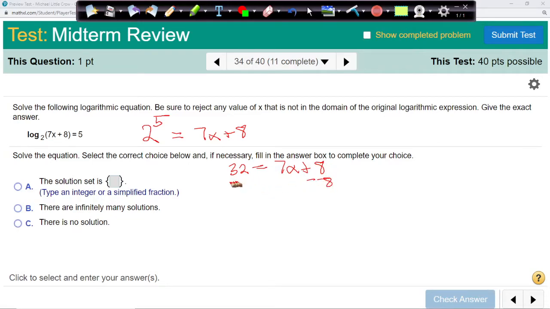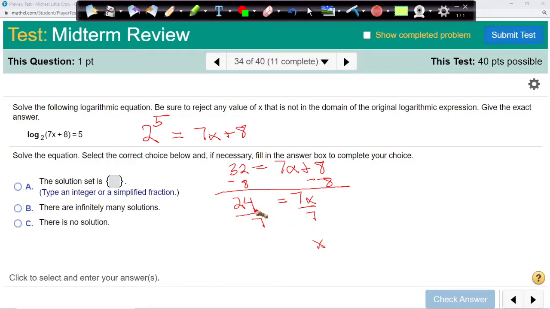Subtract 8 from both sides. You get that 7x equals, 6 from 30 is 23, right? No, 24. 32 minus 8 is 24. And we divide both sides by 7.